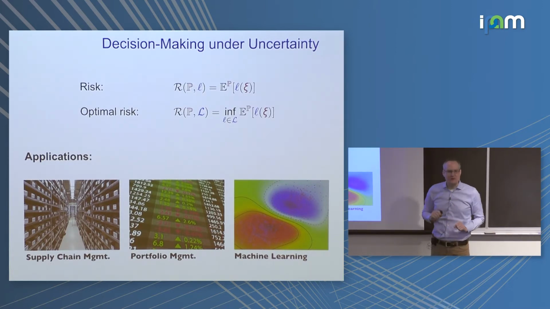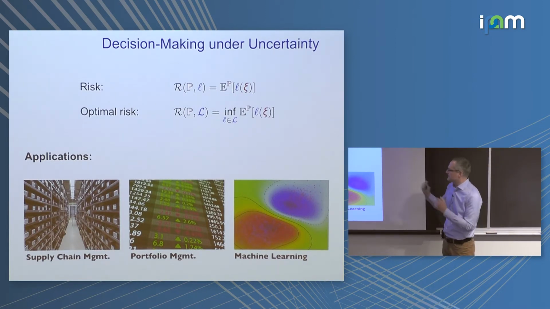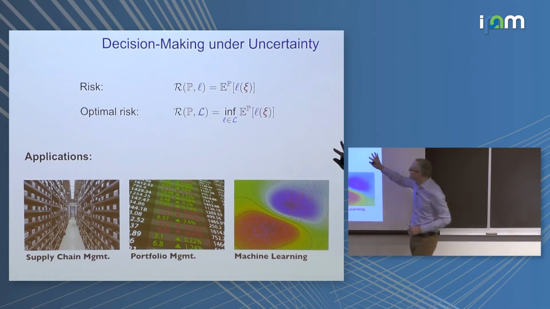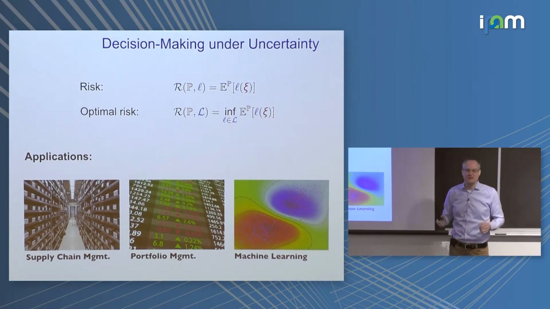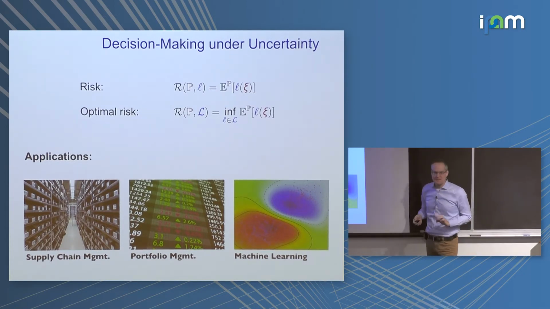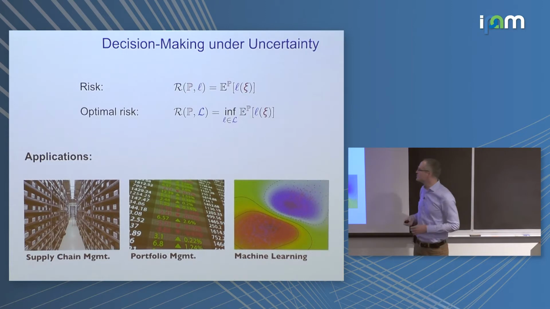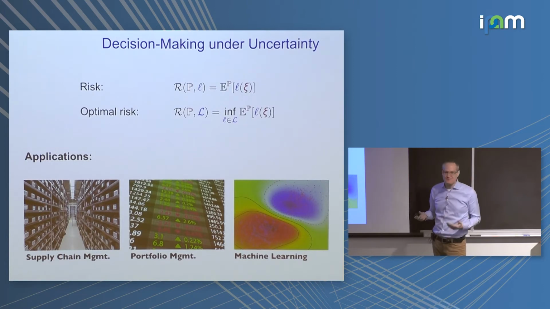These very fundamental problems have many applications already, for example, in news vendor problems, in portfolio optimization problems, but also in regression and classification. Of course, these kinds of problems also appear if you try to solve a dynamic program with value iteration, as an example. Now, a very fundamental problem is that in most applications of practical interest, the distribution P, which we actually need to evaluate the risk or the optimal risk, is hardly ever given to us.